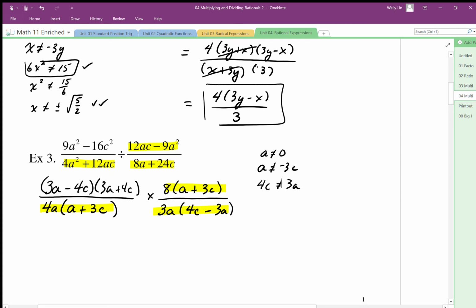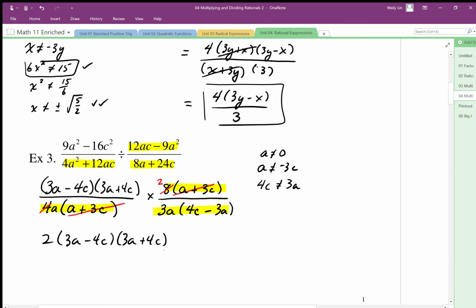Once I have that, I can start canceling factors. These factors cancel out. This factor and this factor happen to be the same, but we'll rearrange it first. It looks like I have a factor of 4 that I can cancel out here. 2 cancels with this one. So I'm going to rewrite this. I'm going to end up with 2 times 3a minus 4c, 3a plus 4c.